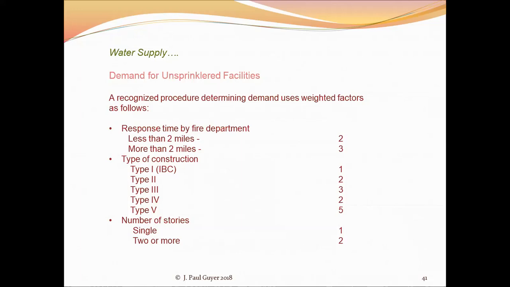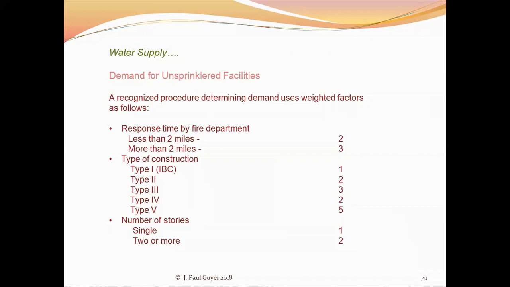And the points that are awarded based on the type of construction of your building range from 1 to 5. Least hazardous construction, your building gets 1 point. Most hazardous construction gets 5 points. No rational theoretical way to go about calculating this. It's just been done, trial and error, and it works.